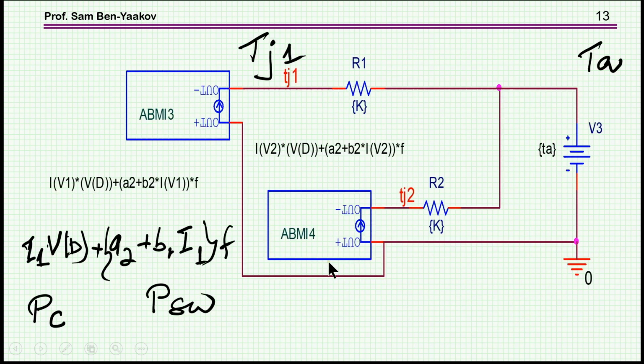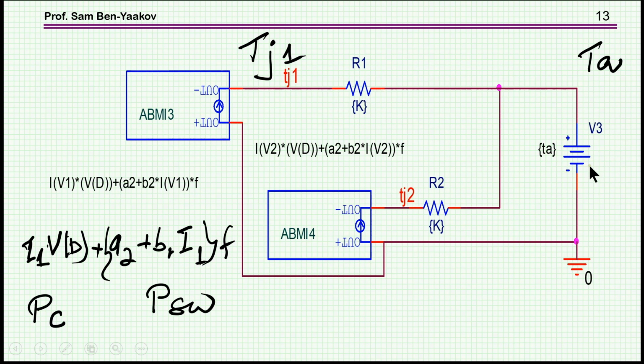Okay, and then we have the other part, which is the thermal part, and there we have two current sources representing the power dissipated by the device. This is the total thermal resistance.